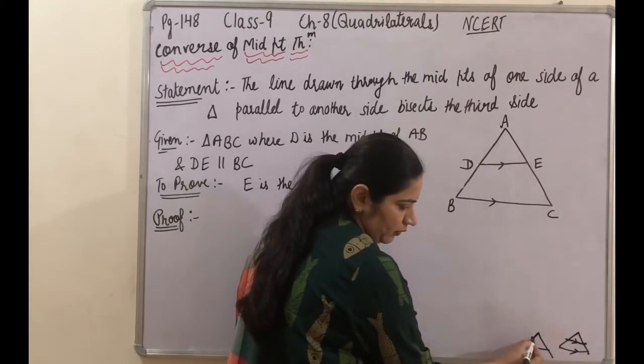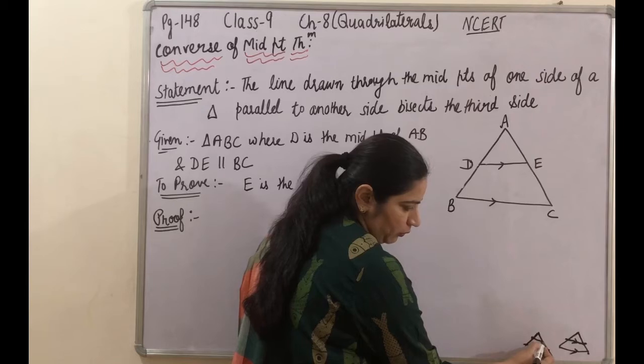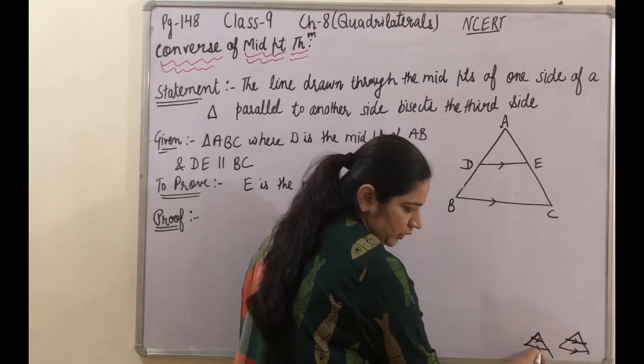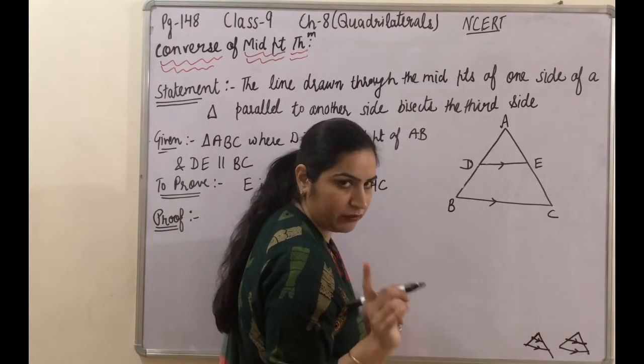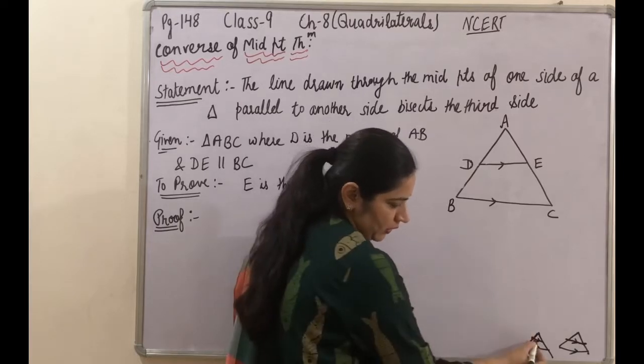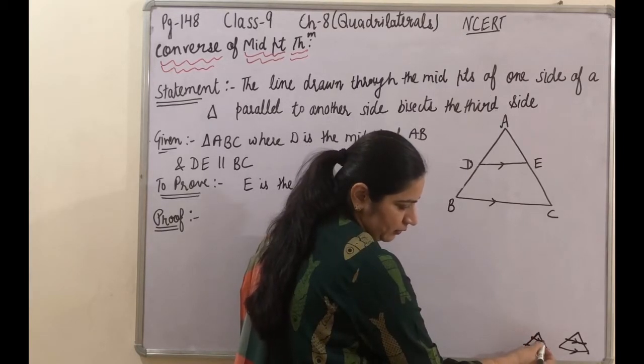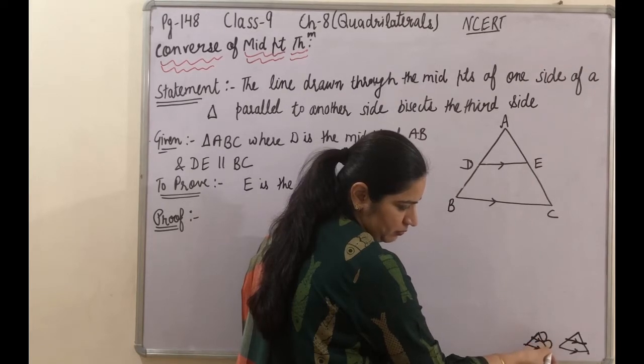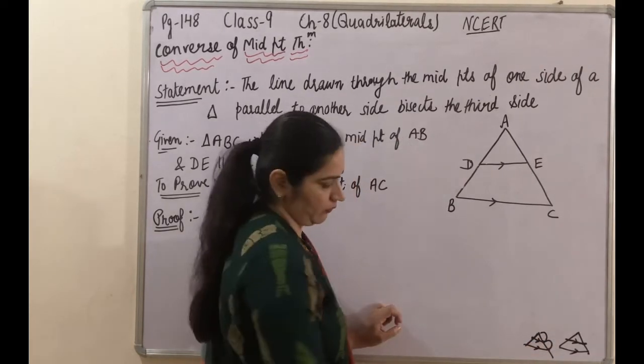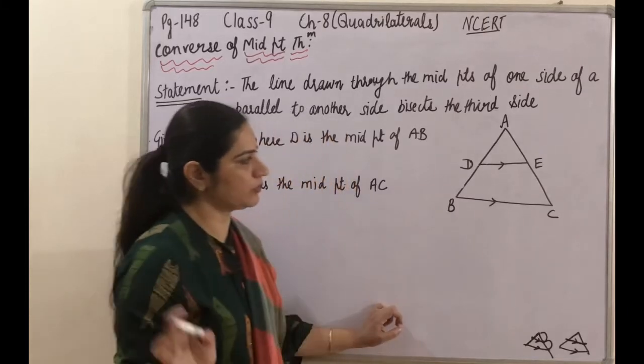When we join a line through the midpoint, these two sides are parallel. What we have to prove is that this line bisects the third side, and bisect means dividing into equal halves. Just see the difference.